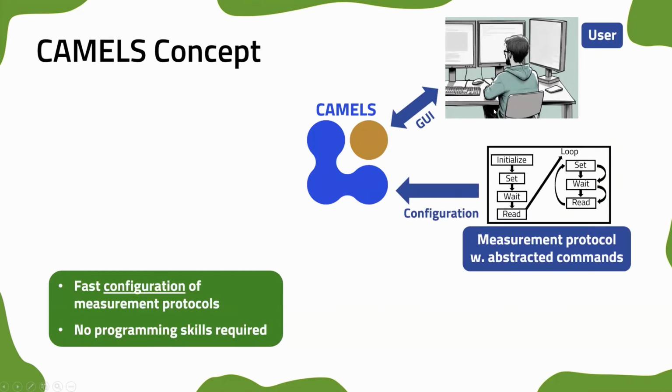And then the user can define an experiment or a measurement like this. Typically, a measurement follows abstracted commands like first initialize the system, then set these and these values, then wait a little bit and read the data, and then make a loop like sweeping data back and forth and so on. So with Camels, it's sufficient to configure this measurement protocol rather than writing software.